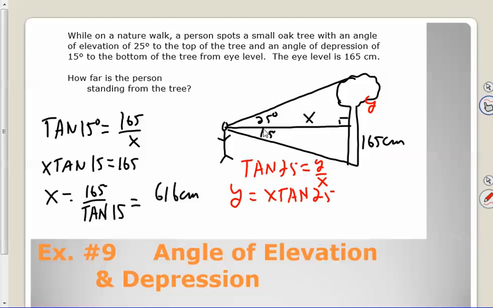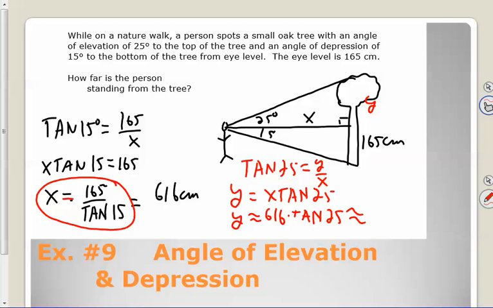x we found right here. You can either use 165 over tangent of 15, or you can use the approximately 616 centimeters. I don't care which one you use. Your calculations will be a little bit off. So let's use 616 times the tangent of 25, and that's going to get you about 287 centimeters.